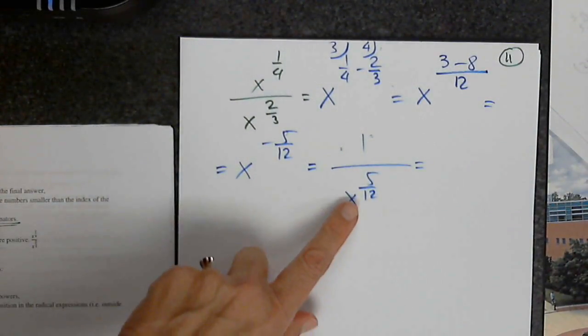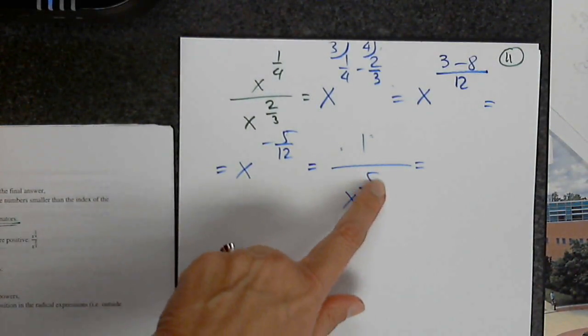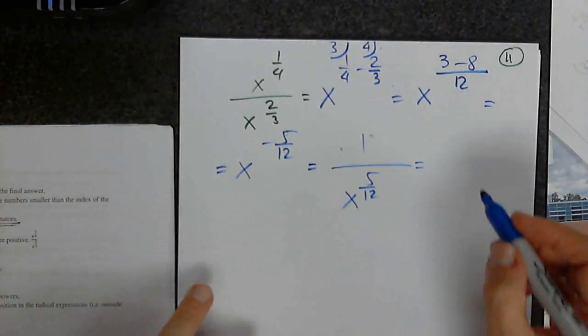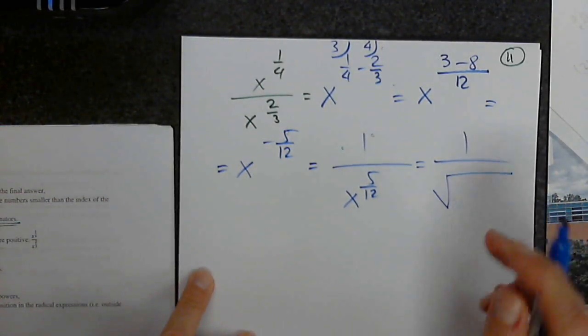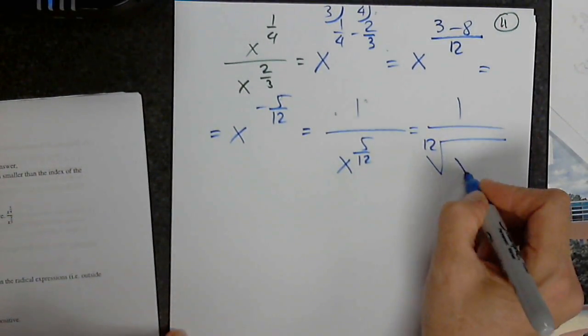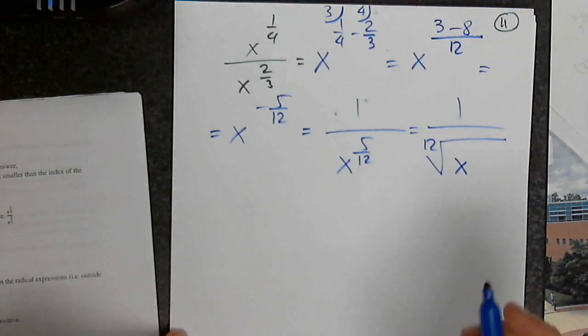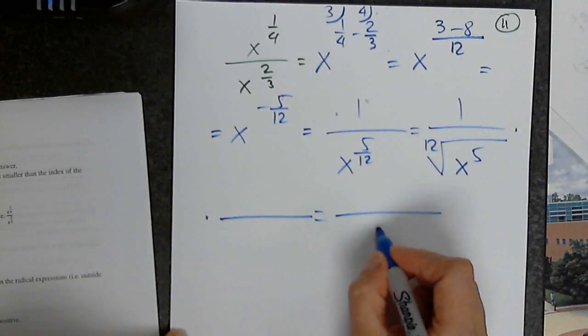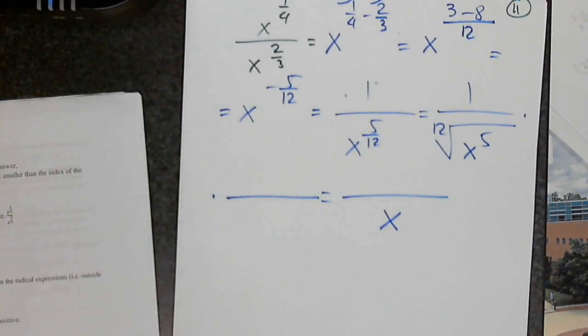Okay, but this is what type of expression that has a fractional exponent? Radical. Very good. 1 over, which radical is this? Yes. X to which power? Very good. And now I know I want to rationalize it because I want to get just x in the denominator and nothing else. What do I need to do in order to rationalize this radical?